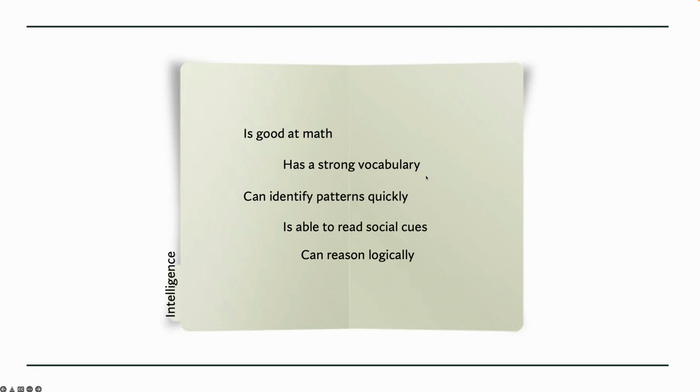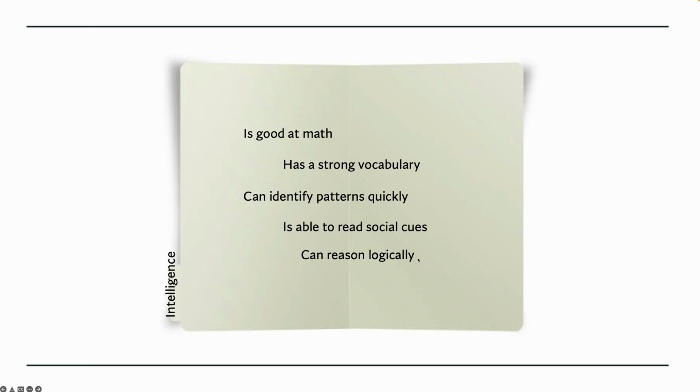And then you would come up with a written definition that would say, intelligence is a combination of a person's numerical, linguistic, and visual spatial abilities, along with their emotional intelligence, as well as their ability to reason logically.